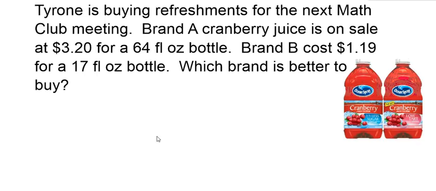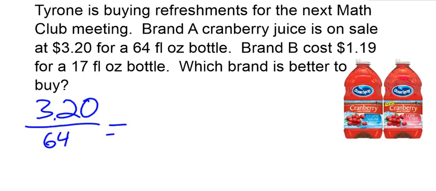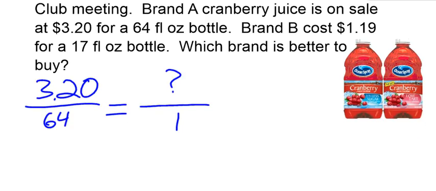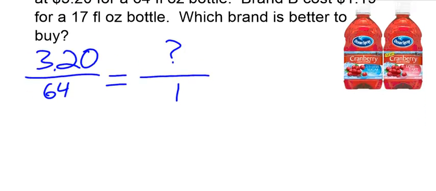So right now we're looking at the fact that bottle A is $3.20 for 64, but now we need to know if I had 1 ounce, how much am I paying? Once we solve for that, then we're going to compare that to our other one, right?